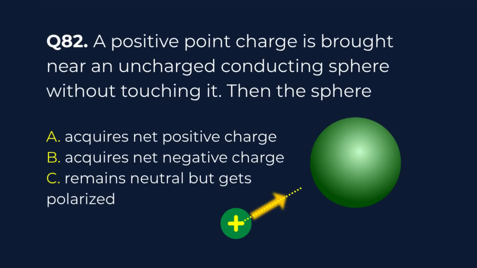Question 82. A positive point charge is brought near an uncharged conducting sphere without touching it. Then the sphere: a) acquires net positive charge, b) acquires net negative charge, c) remains neutral but gets polarized.